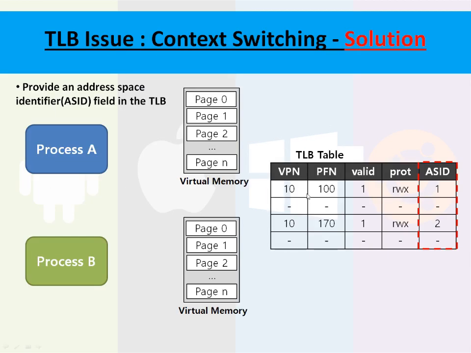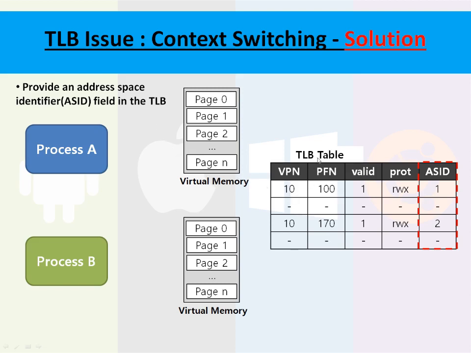Okay, so how do we solve the problem? Well, it is an easy solution, as all we need is just more information about the entry specifically. So what we can do is add this ASID field here, which serves as an address space identifier.